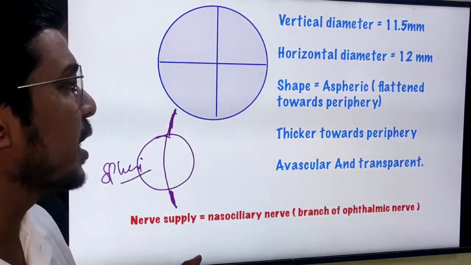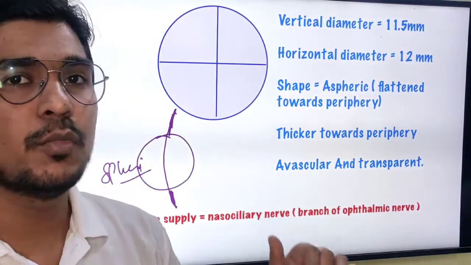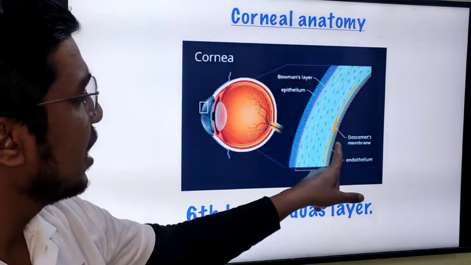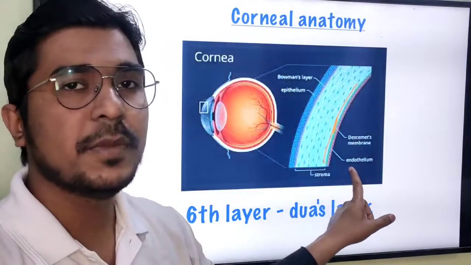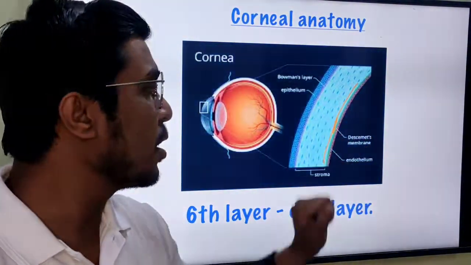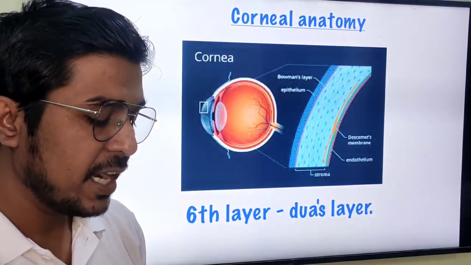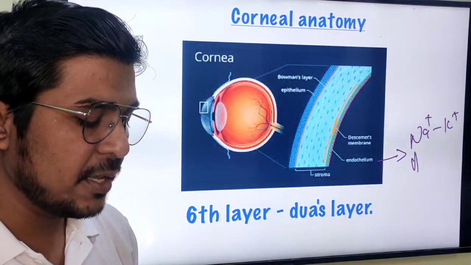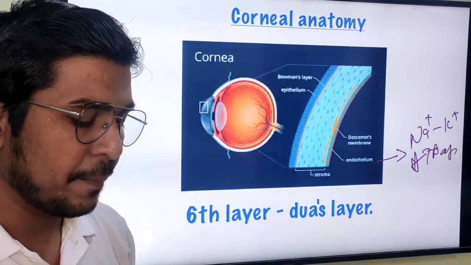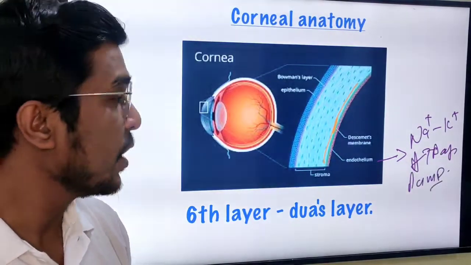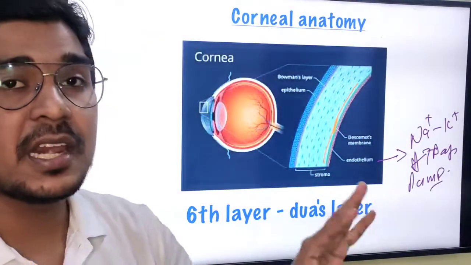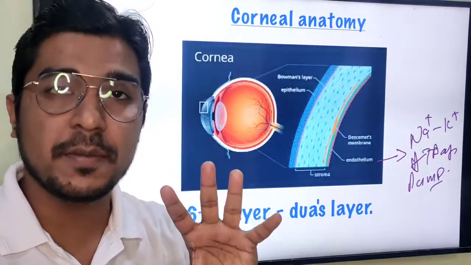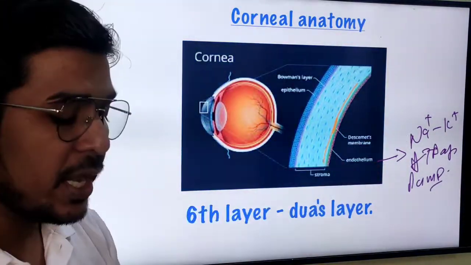Fourth, and most important, is the endothelium, which is considered the most metabolically active part of the cornea, and it has a pump. That pump is the sodium potassium ATPase pump. This keeps the cornea in a relatively dehydrated state. The word relative dehydration is very important, and that's why the cornea is transparent.